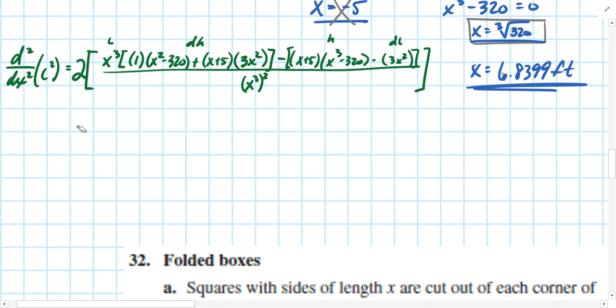I ended up getting 8.6784, which is greater than 0. And when our second derivative is positive at this location, we're concave up. And if the graph is concave up while the first derivative is 0, we have found a minimum.